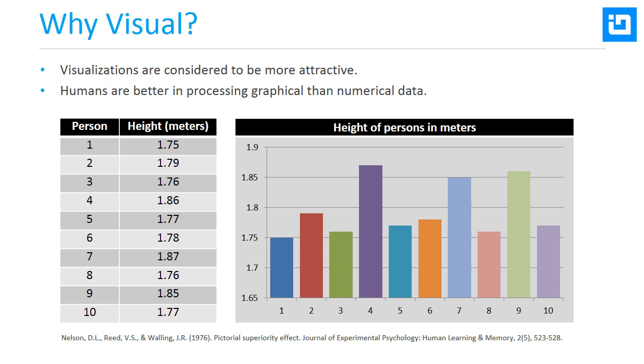So that is a reason why visual representations of data come in very, very handy. It's very fast to acquire, and also, as shown in this paper that I cite here at the bottom, memorizing what is shown is easier and can be better done when it's visualized.